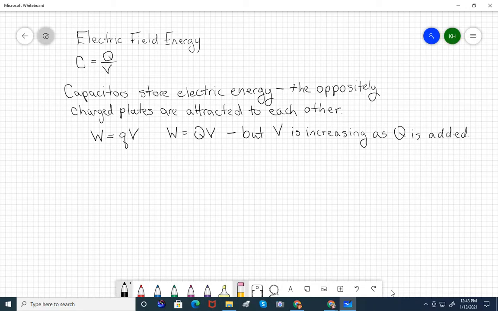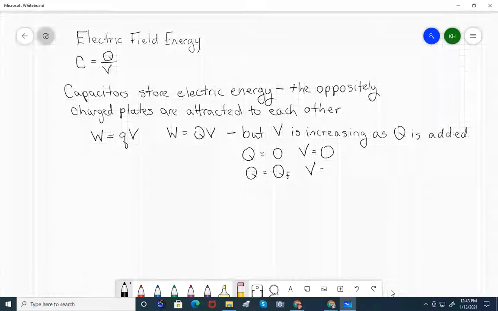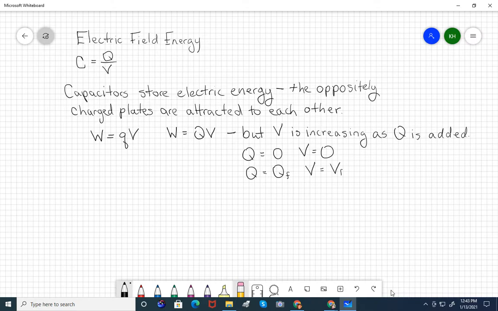At Q equals 0, V is equal to 0. When Q is equal to Q final, I'm just kind of making this number up, V is going to be equal to V final. That makes sense. So what we can think about is the average voltage would be this final voltage divided by 2.